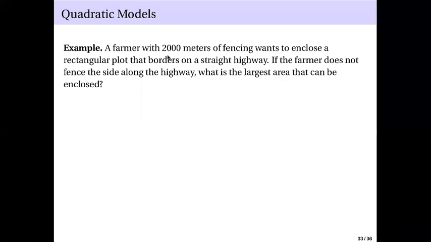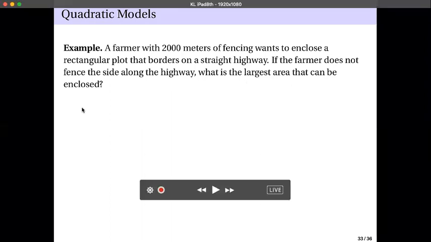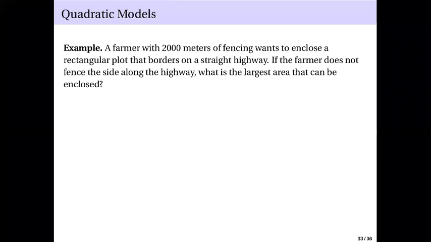A farmer with 2,000 meters of fencing wants to enclose a rectangular plot that borders on a straight highway. If the farmer does not fence the side along the highway, what is the largest area that can be enclosed? Let us try to visualize the situation.